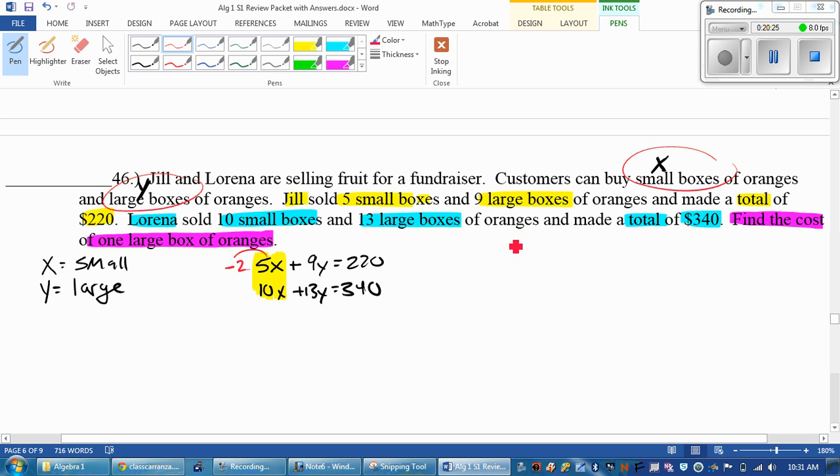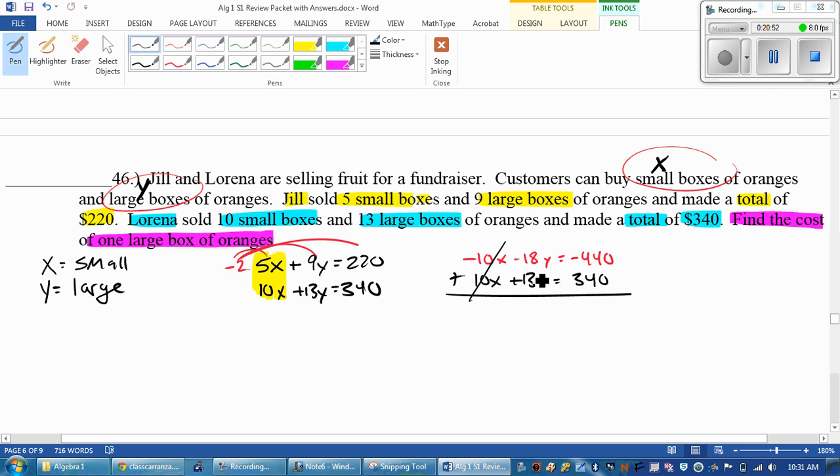Okay, so we get negative 10x minus 18y equals negative 440. I didn't do anything to the bottom equation, so I'm just going to leave that as it is. We're going to add everything up. The x's cancel.